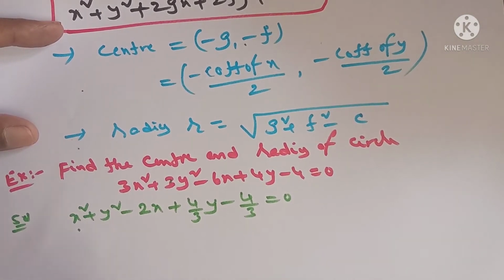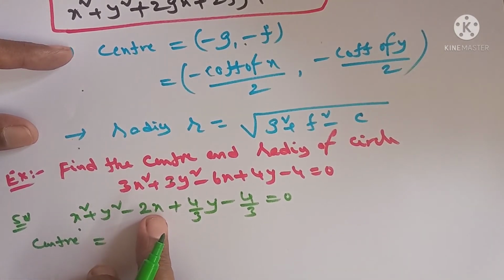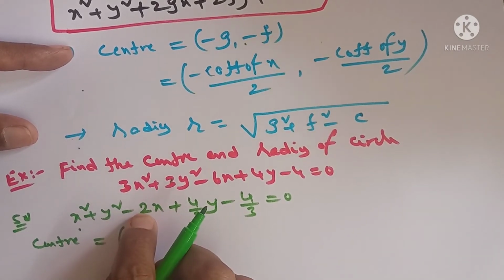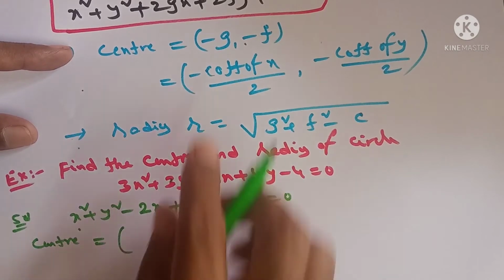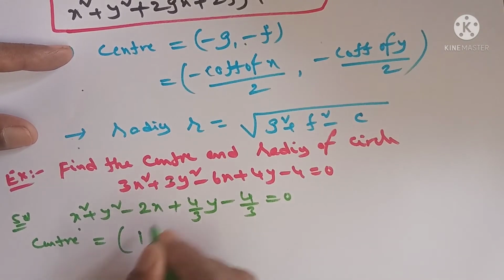Now center. Center is, just now I said, x coefficient divided by 2, minus 2 divided by 2, minus 1. Minus of minus 1 is plus 1. Next, this is 4 by 3 divided by 2.